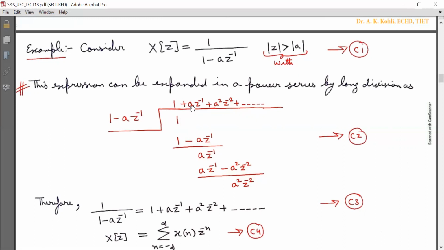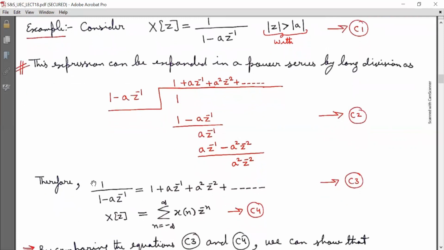Now I will multiply this with a z inverse and put this expression here, and following the division procedure I can have remainder a squared z raised to the power minus 2, as shown on the screen. And now the quotient is 1 plus a z inverse plus a squared z raised to power minus 2 plus so on. So I can write 1 by 1 minus a z inverse is equal to 1 plus a z inverse plus a squared z raised to power minus 2 plus so on.